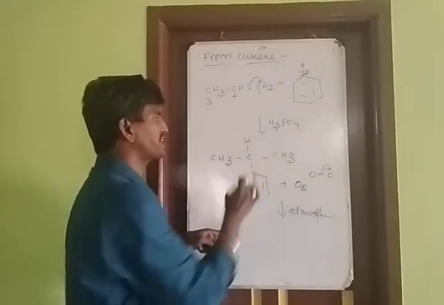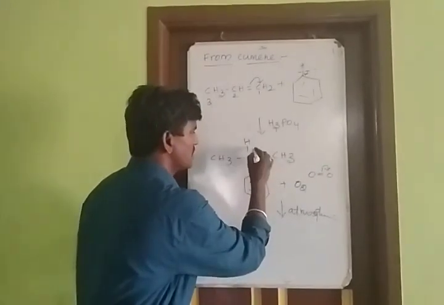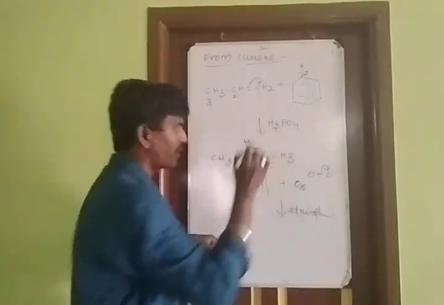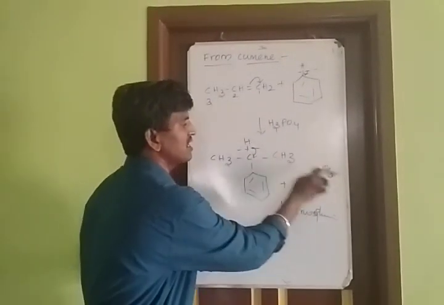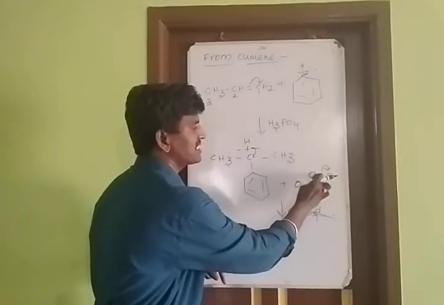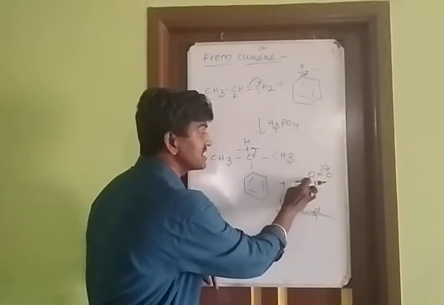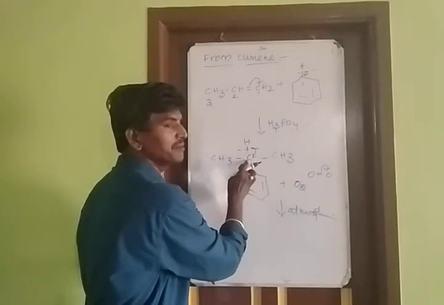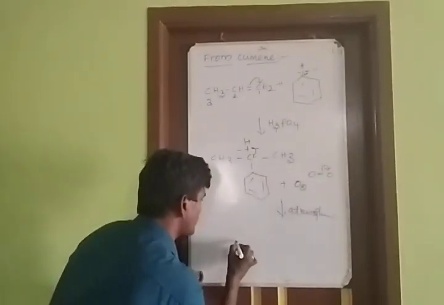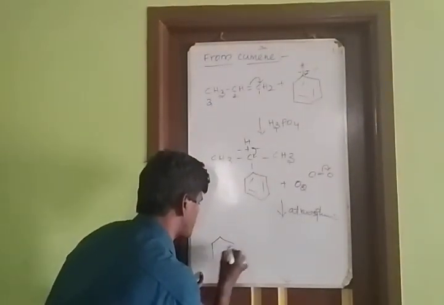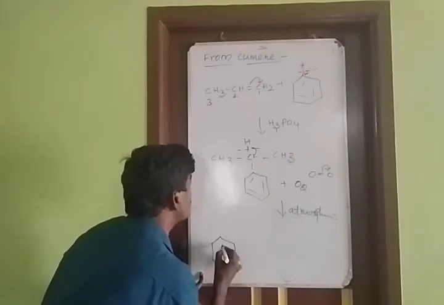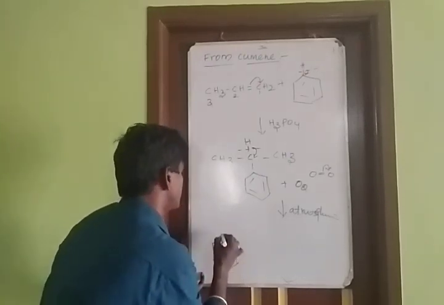Okay, compare carbon and hydrogen. Which one is more electronegative? Carbon. So carbon takes one pair of electrons. Here also the bond breaks. H plus, O minus, it becomes OH. The double bond becomes a single bond. This O plus, carbon charge minus, so bond formation. You can get cumene hydroperoxide.